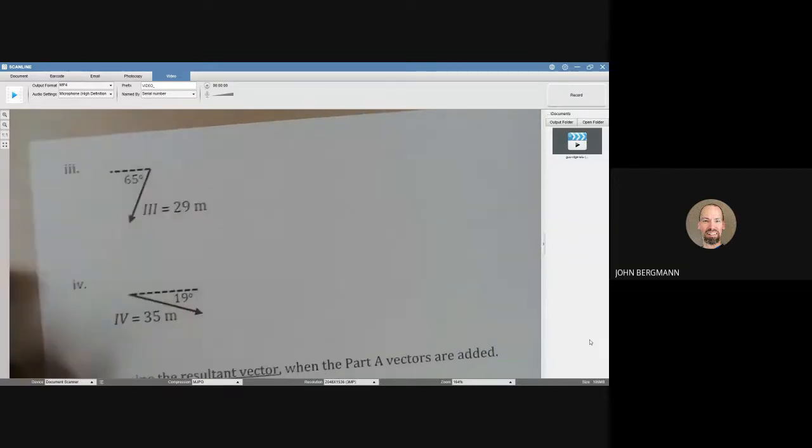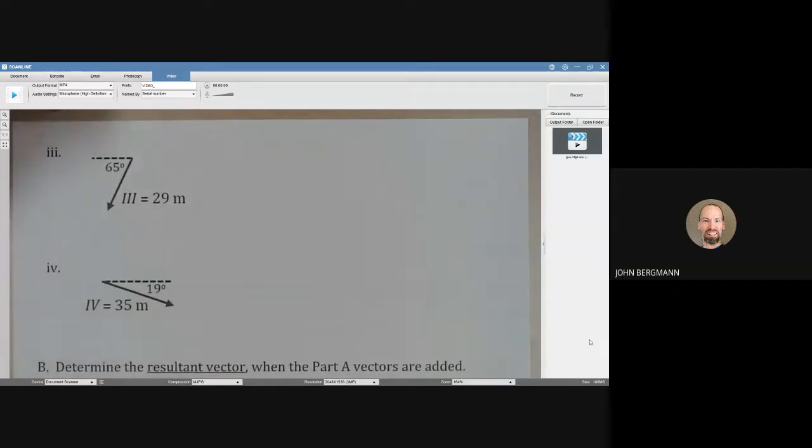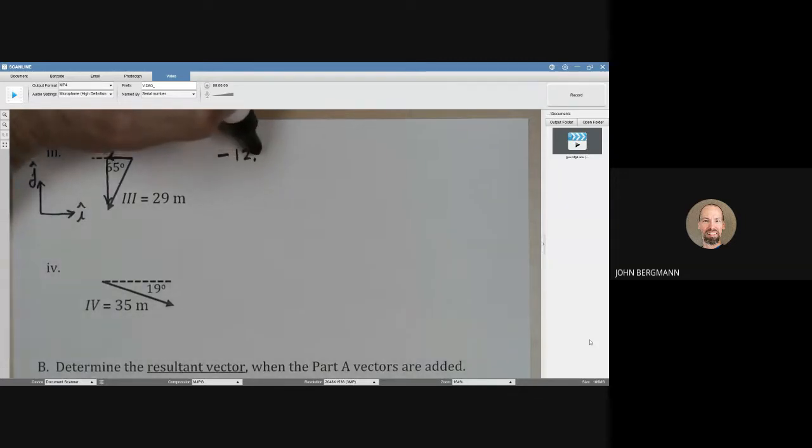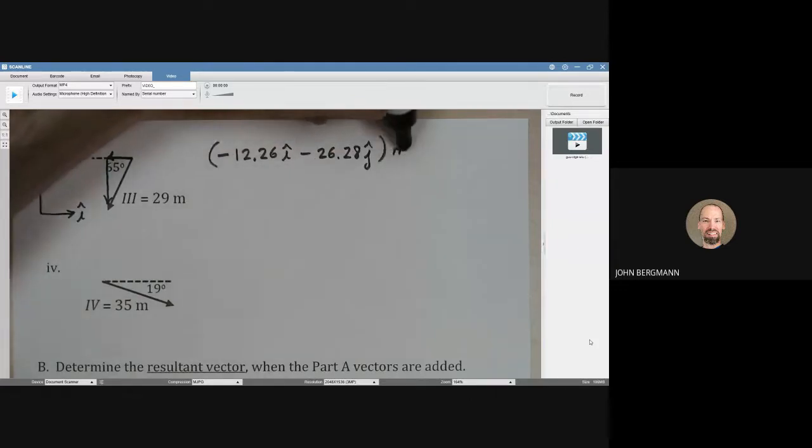All right, how about a couple more here? In this case, we're going to have a component that goes in the negative I hat direction, and also a component that goes in the negative J hat direction. I already did these calculations for you, so you can check my work if you want. I got negative 12.26 in the I hat direction, and negative 26.28 in the j hat direction, and we should put a unit on there, meters.